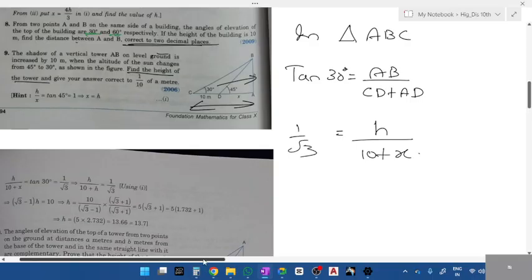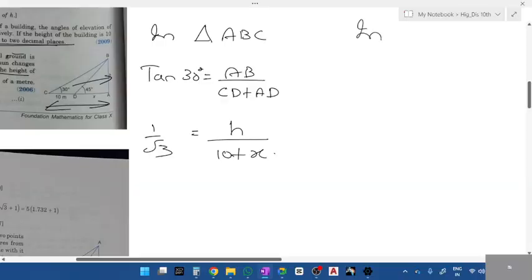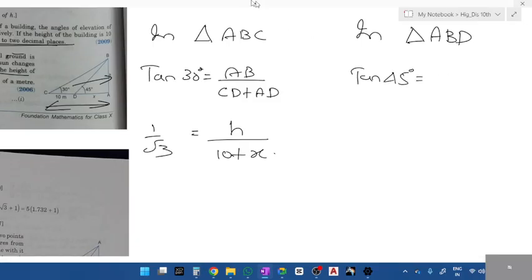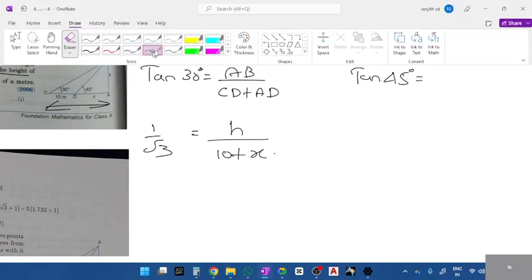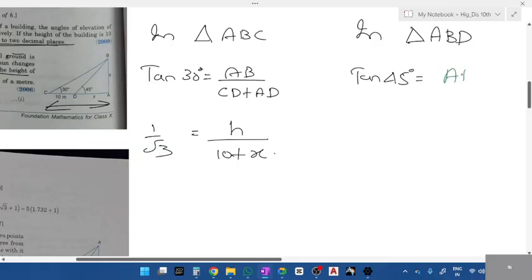Now the second equation. Tell me the second one. All of you will answer for the second one. In triangle ABD, tan 45 is equal to AB divided by AD.